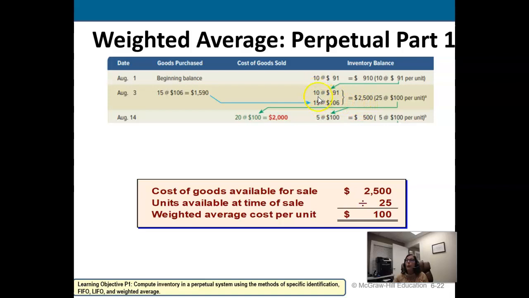So we have a total of 25 items in our inventory, and the average of that comes out to $100 per item. So we had 25 units available for sale, and that gets us to the $100. So now when we go to do our sale on August 14th, we're going to assume it's $100, and we're not going to worry about layers at that point because now everything has been melded together into 1 unit cost.